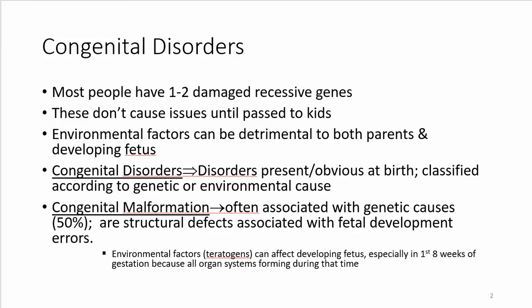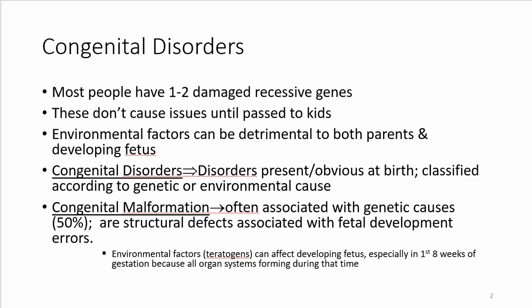So there are these genetic things that can contribute to congenital disorders, but there's also environmental factors. So this is exposure to various different agents that can cause birth defects and that kind of thing.